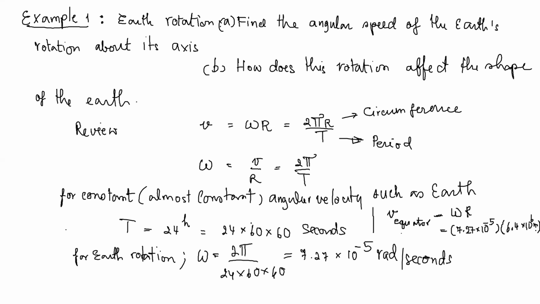It's around 6,400 kilometers for the radius of the Earth.